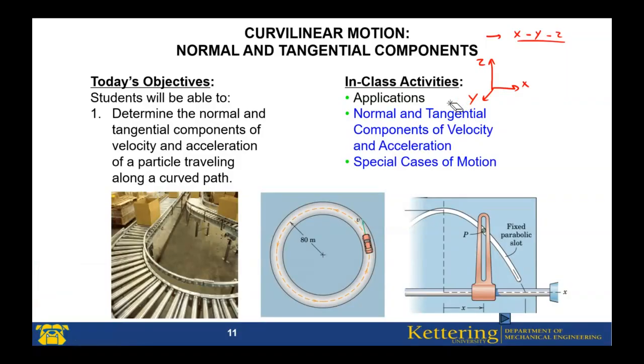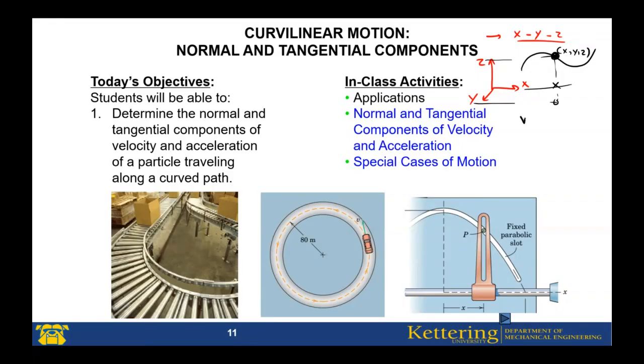If the particle or body moves along a curve, at any time I can find the X value, the Y value, and also the Z value of this particle, which will change during the time.